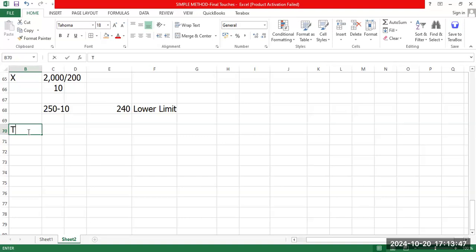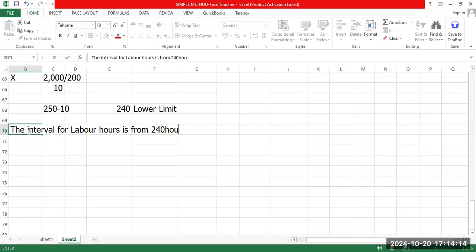You conclude by saying the interval for labor hours is from 240 hours to 262.5.